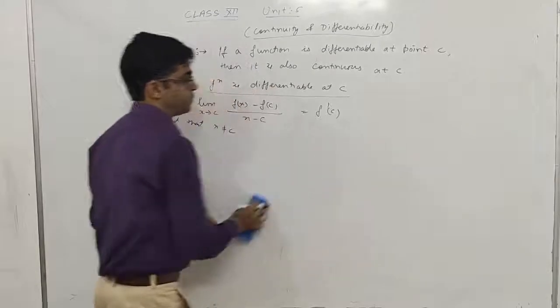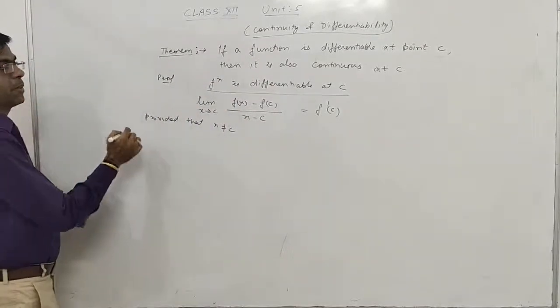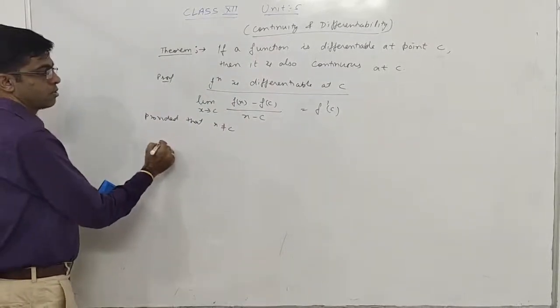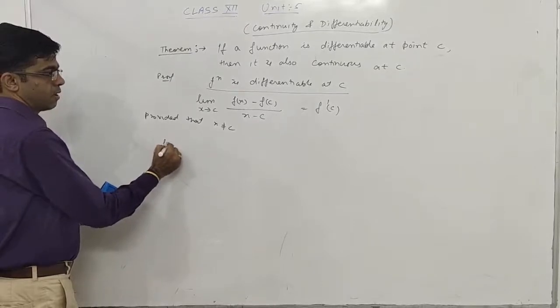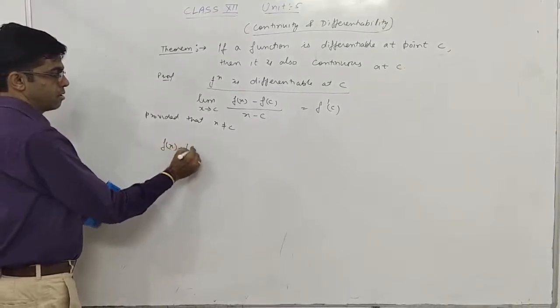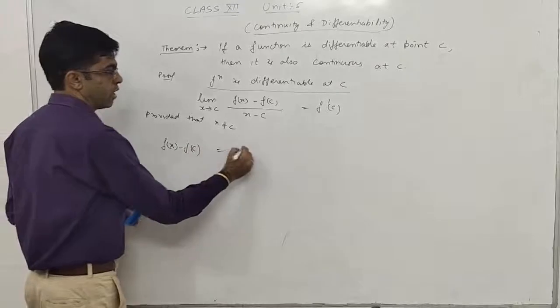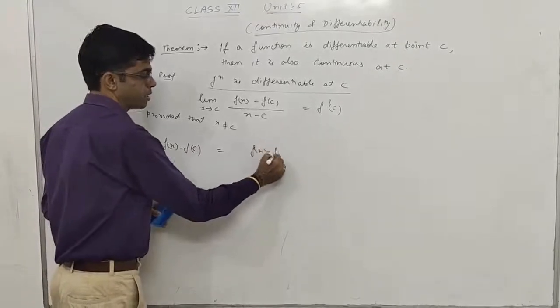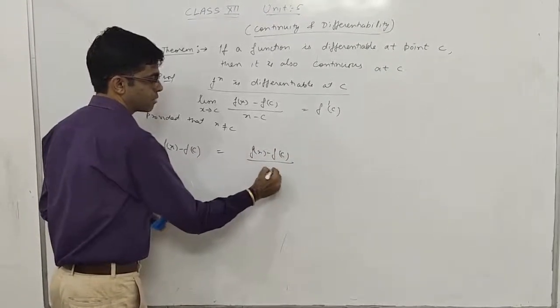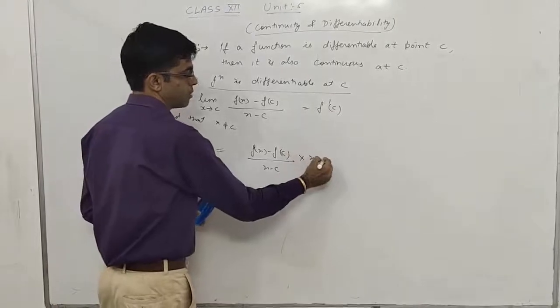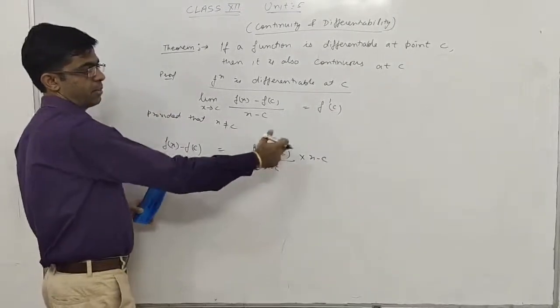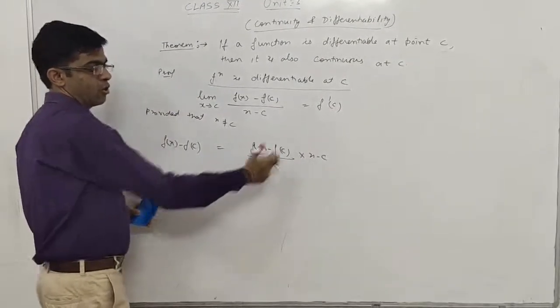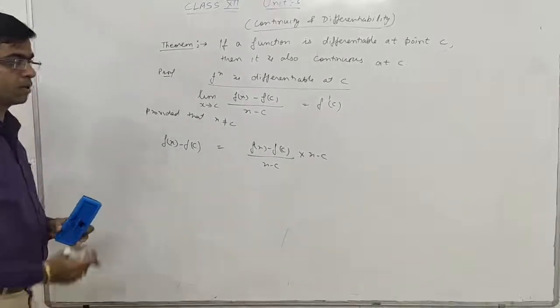ओके, तो नाउ चेक मैथमेटिकली हाउ वी कैन प्रूव दिस. So f(x) minus f(c), we can write f(x) minus f(c) upon x minus c multiplied by x minus c. We can multiply and divide x minus c in numerator and denominator.